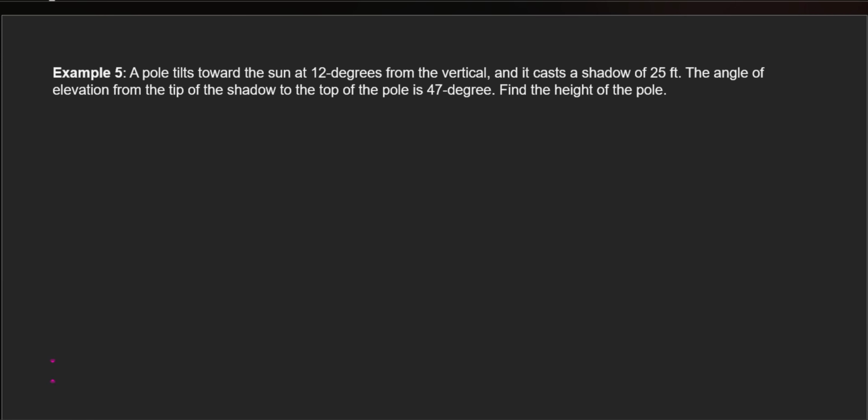For example, ito yung pole natin. This is our pole. This one, tilt toward the sun. Now, based from this illustration, it creates the 47 degree.